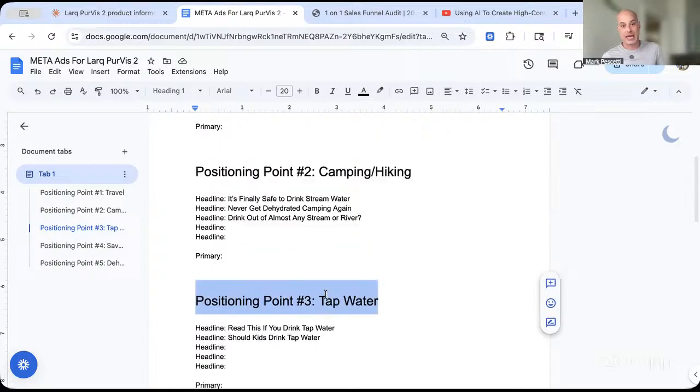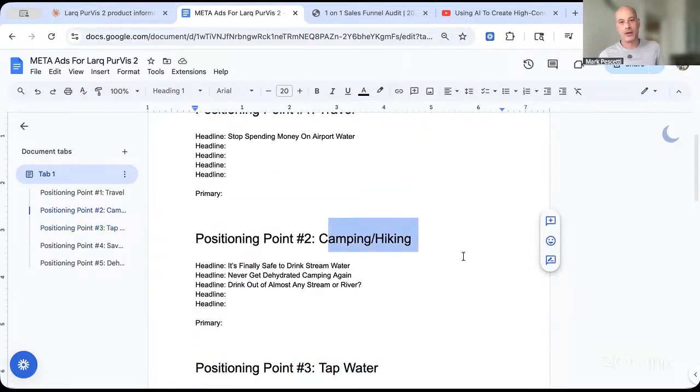People with kids who are camping. There are all these different archetypes that we get to include in the positioning points so that we get way more testability and scalability out of every positioning point, giving Andromeda, the algorithm, more to choose from to blast us.